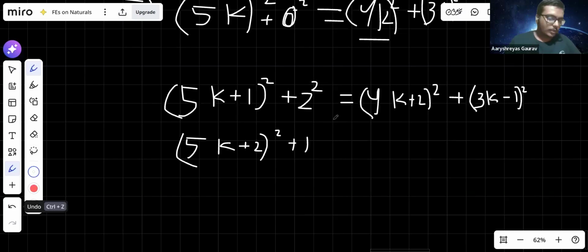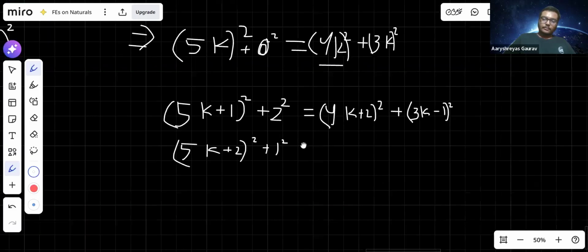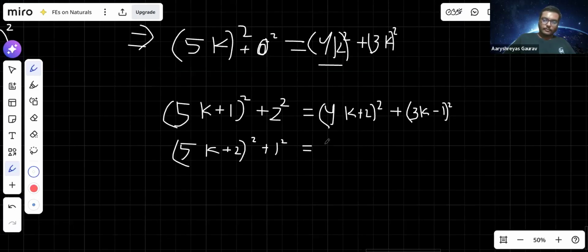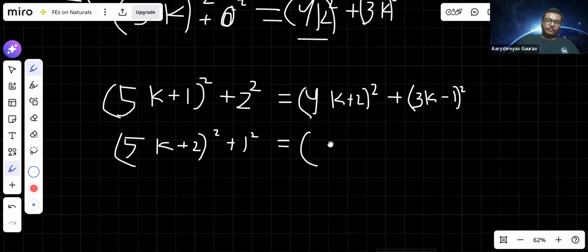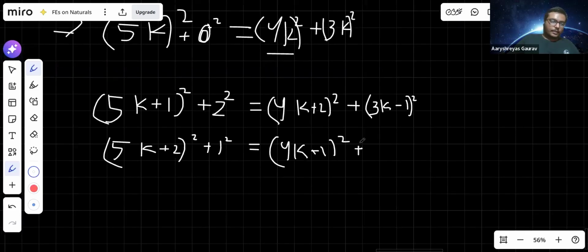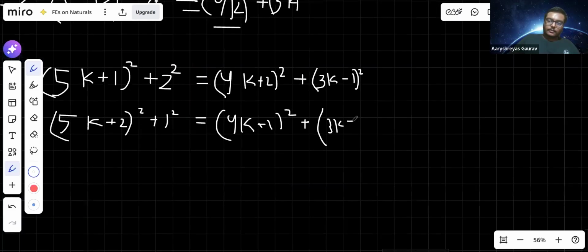Well, okay, it's okay. So the second one that we can get is this one. What I'm trying to do is just manipulate my way through the equations: 4k plus 1 whole square plus 3k plus 2 whole square.